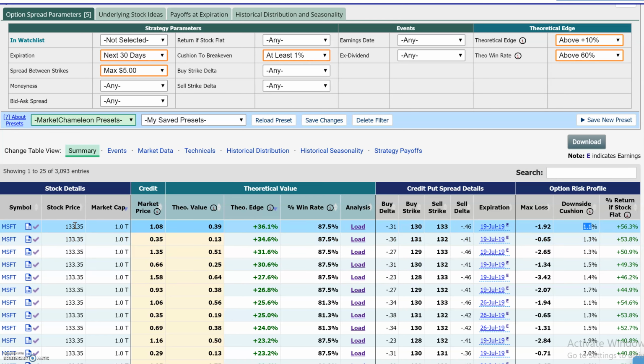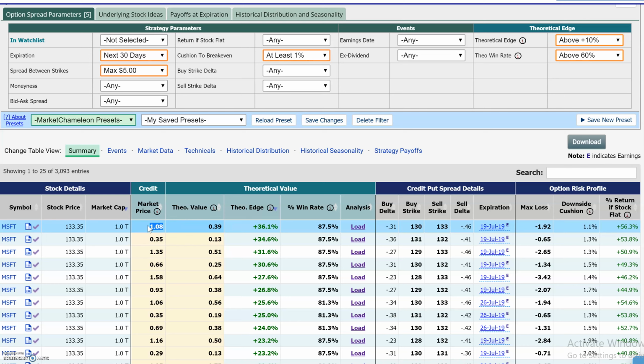What this means is we could take a look at Microsoft here. Right now the stock's at $133.35. You're selling the 133 put on July 19th and buying the 130 put, so you could see that the 133 put is below the 133.35 stock price. In other words, if the stock price just sits here or goes higher, even just sits here at expiration, July 19th, this would be a 56% return on your risk.